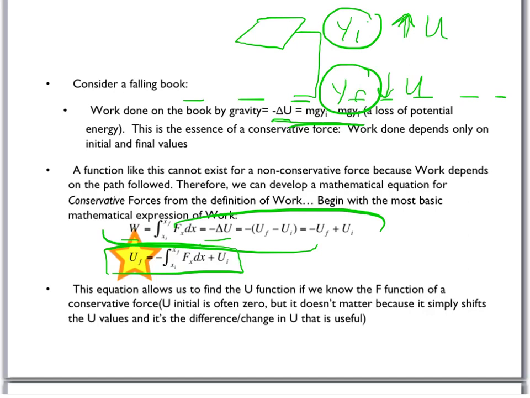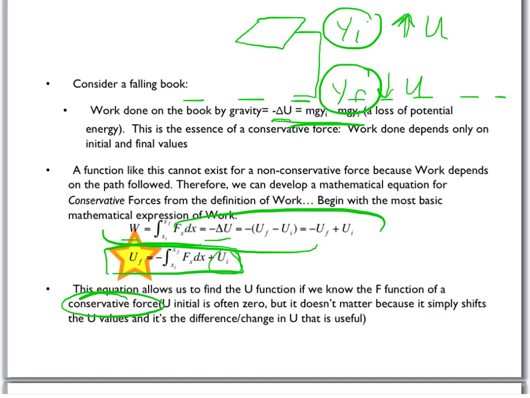So this equation allows us to find the potential energy function, knowing that force function for a conservative force. The initial potential energy that you're adding on here is oftentimes equal to 0, but it really doesn't matter what that is, because we're looking for the change or the difference in the potential energy that's actually useful to us. That Ui is just going to shift this function in one direction or another.